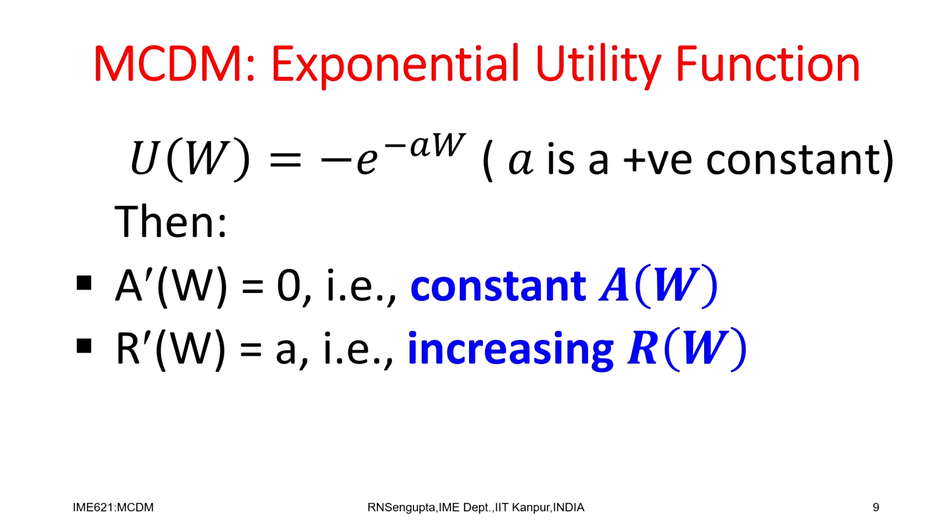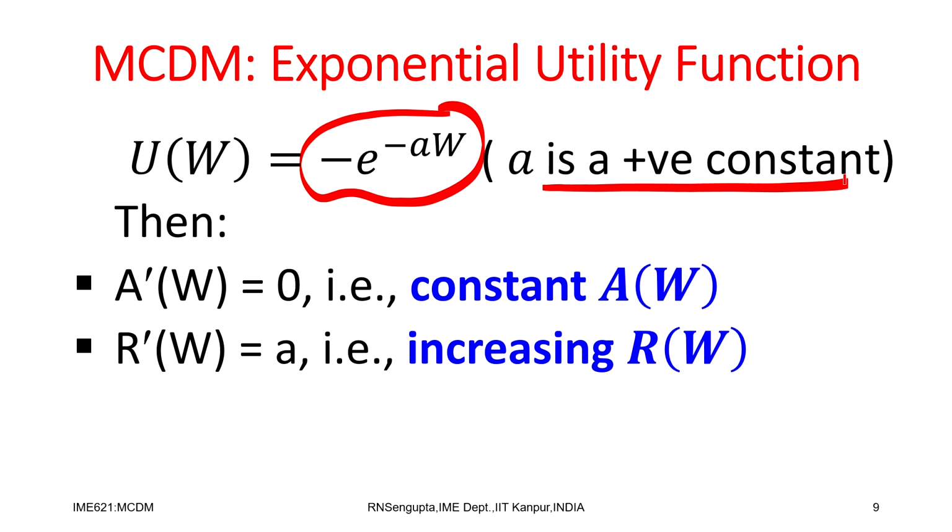Now, let us come to the case of the exponential utility function. The exponential utility function is given by minus e to the power minus a w, and remember a is positive. If I want to derive, I will use the red color for the first case.